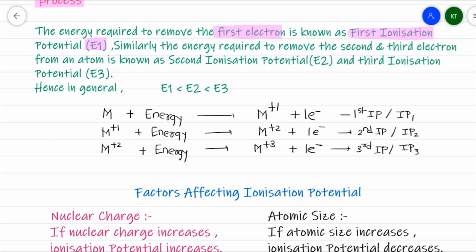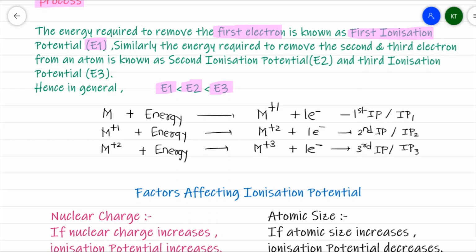In general, it has been seen that the first ionization potential is less than the second ionization potential, which is less than the third ionization potential. With every ejection or removal of an electron, the effective nuclear charge experienced by the remaining electrons will increase.